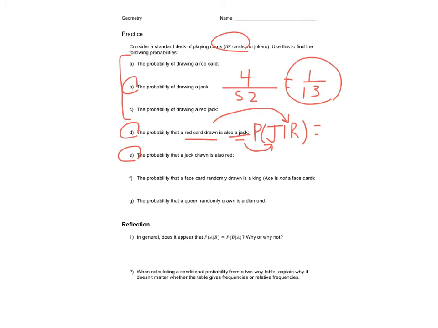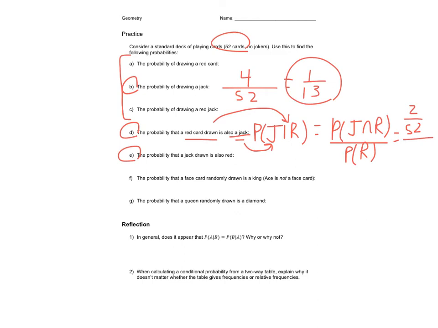So to calculate that, I would need the probability of the intersection of J and R divided by the probability of R, which is the second one there, the sample space. So the intersection, what's the probability of a jack and a red? Well, how many jack reds are there? There's 2 over 52. 2 out of 52 are jacks that are red.